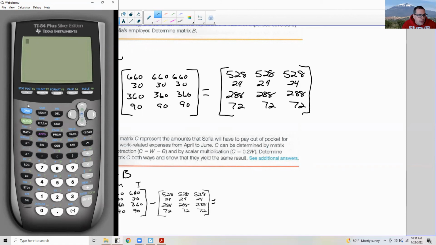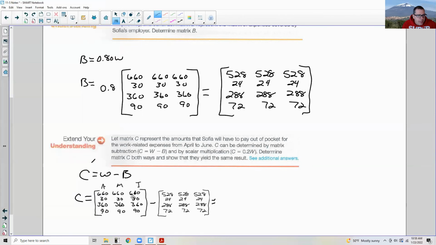So clear. Go to my matrix. It's a good idea just to put these in order. So if I go over to edit and look at them first, I'm not using this one. 660, 30, 360, 90 is called B in the calculator, but it is my W in this problem.